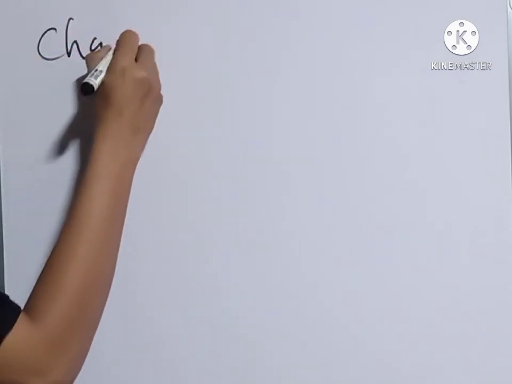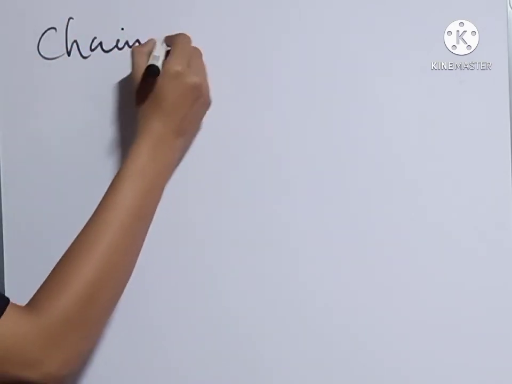Here we discussed addition polymers and condensation polymers, but the fact is that we cannot always classify the polymers as addition polymers or condensation polymers. So we require another classification. Instead of this classification, we can classify the polymers as chain growth polymers and step growth polymers.